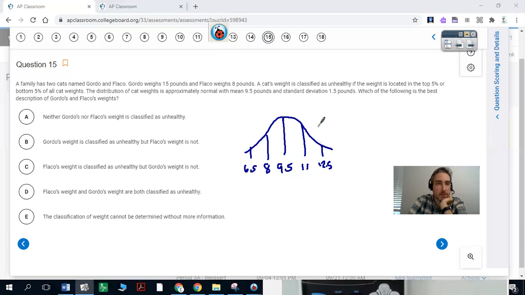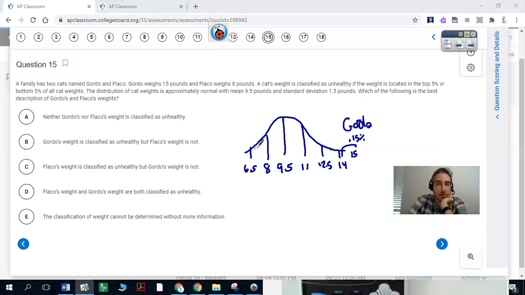Which of the following best describes Gordo and Flaco's weight? Gordo weighs 15 pounds. Well, 15, Gordo's going to be over here. If you look at 11, 12 and a half, that's going to be 14. 15 is going to be in the top. Remember, that's the top 0.15%. So Gordo is in the top 5% of weights.